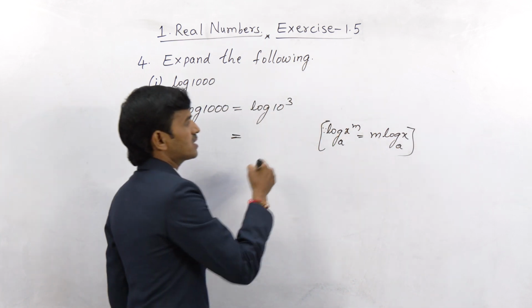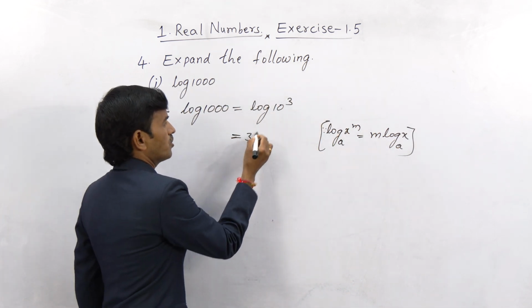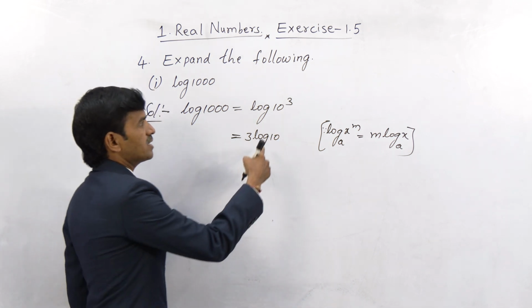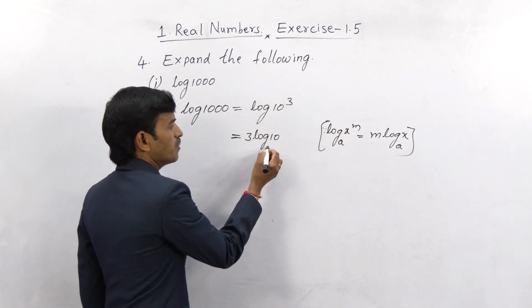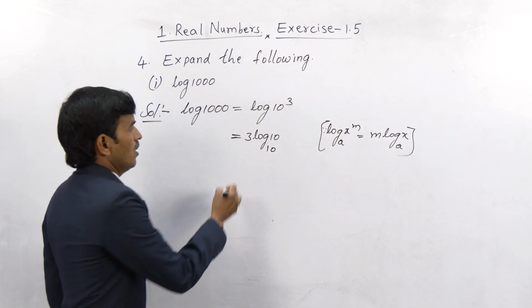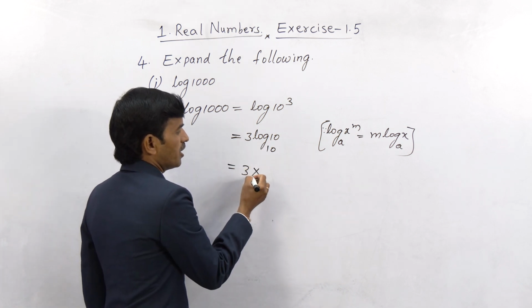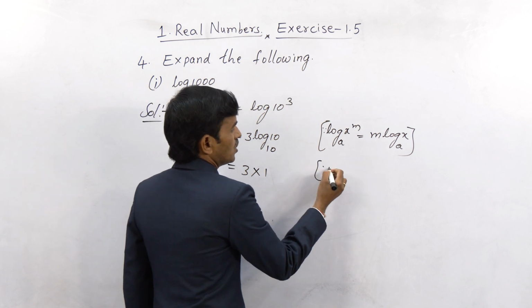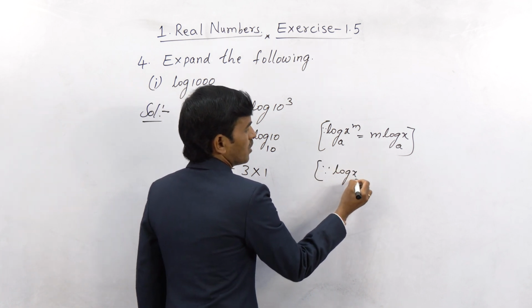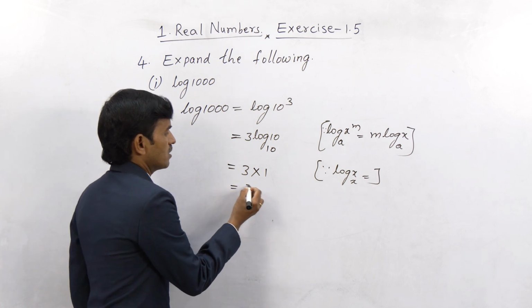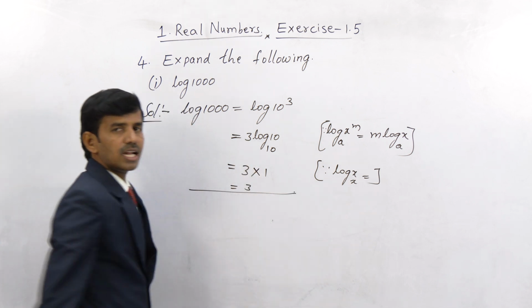So according to this, we can write it as 3 log 10. If any base is not given, we can take its base as 10. So 3 log 10 to the base 10 can be written as 3 into 1, since log x to the base x is equal to 1. So 3 ones are 3. That's it.